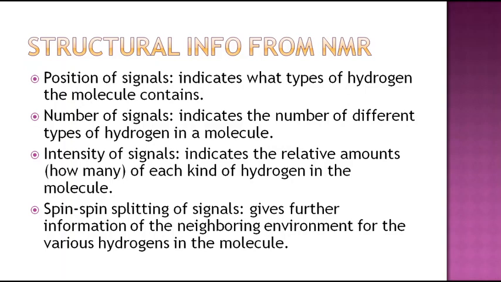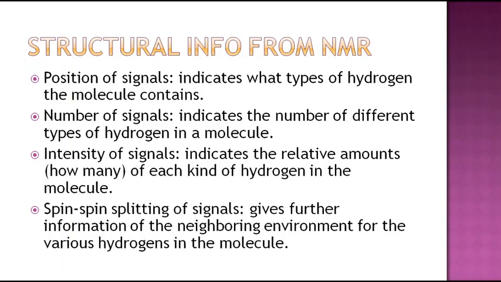And the intensity of the signal gives the relative amounts of hydrogen, or the number of nuclei present in the molecule, especially hydrogen. And then the splitting pattern gives the number of hydrogens adjacent to the proton.